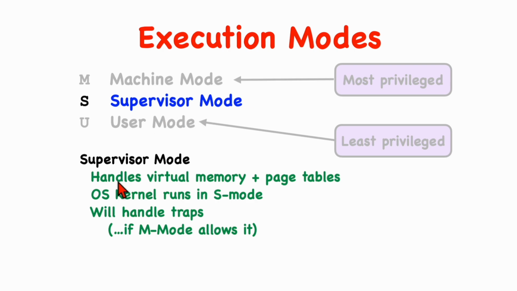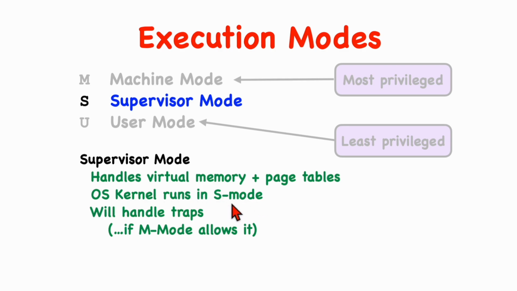Supervisor mode adds the ability to implement virtual memory using page tables, and any RISC-V core that's capable of virtual memory will have supervisor mode implemented. So the idea is that an operating system kernel would be running in supervisor mode. The startup code would run in machine mode, and then it would jump to the kernel and at the same time switch into supervisor mode.